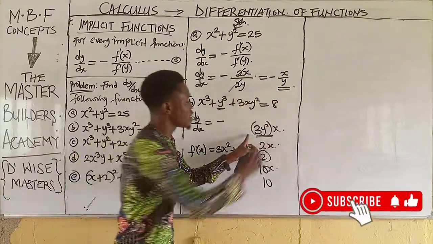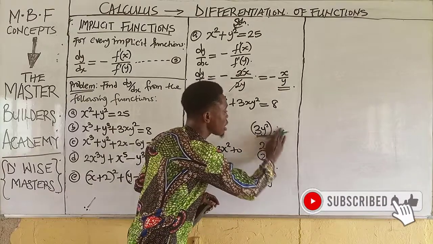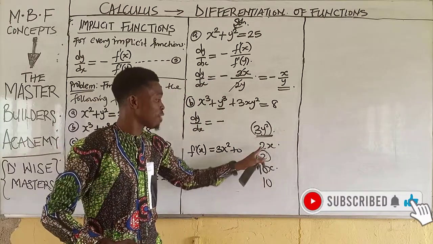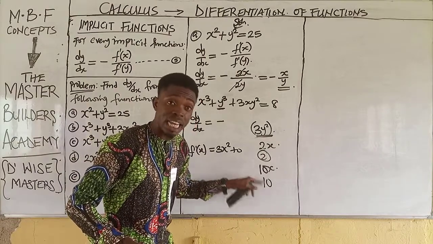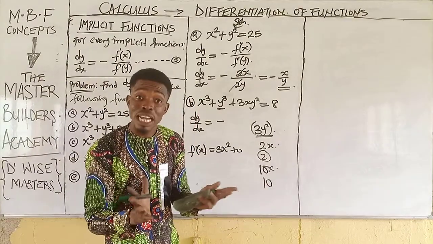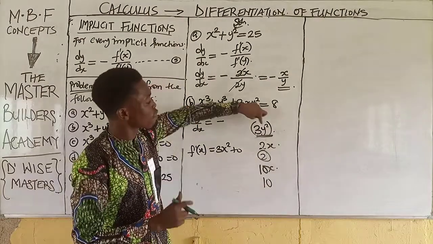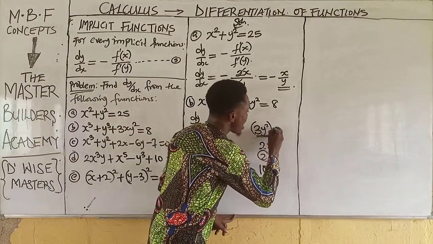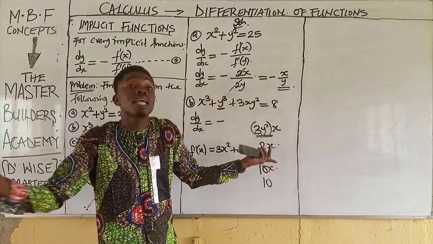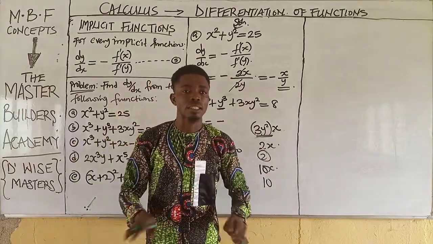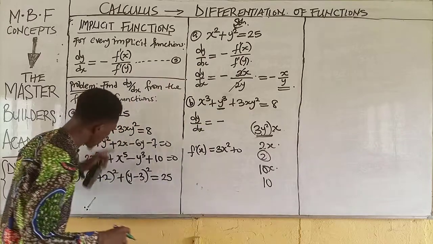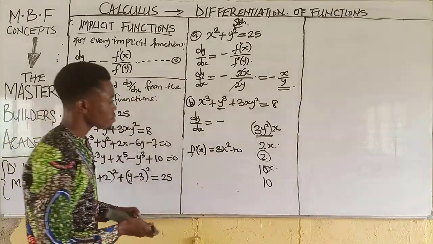And if I differentiate this x, then only the constant will remain. If you differentiate 2x, you have 2. If you differentiate 10x, you have 10. If you differentiate 100x, you have 100. Then, if you differentiate 3y squared x, you will have 3y squared. Is this taken? If this is taken, guys, I believe you can solve the remaining problems that are here.